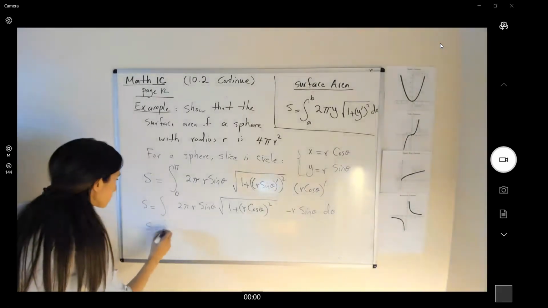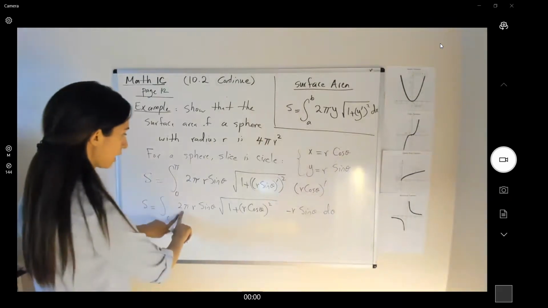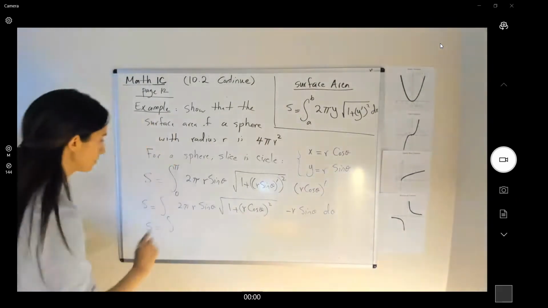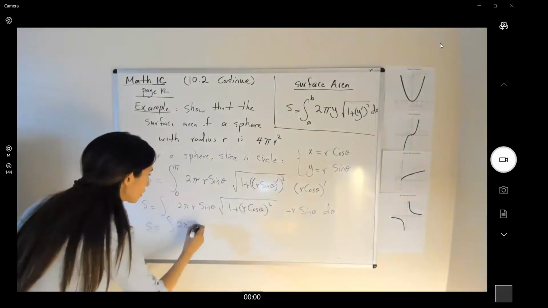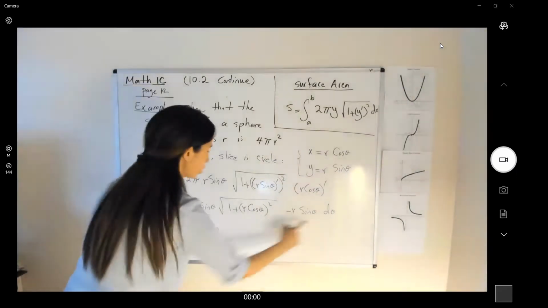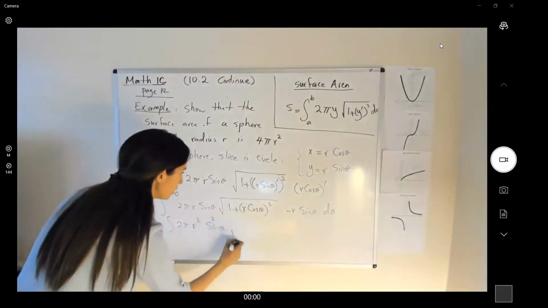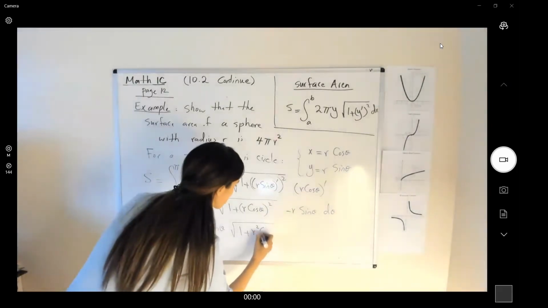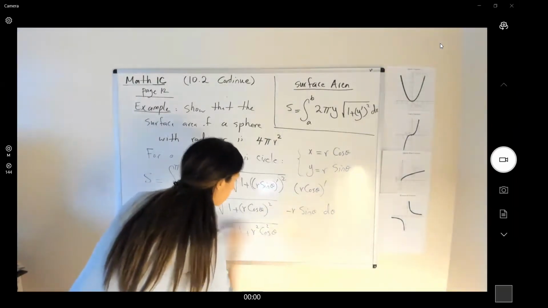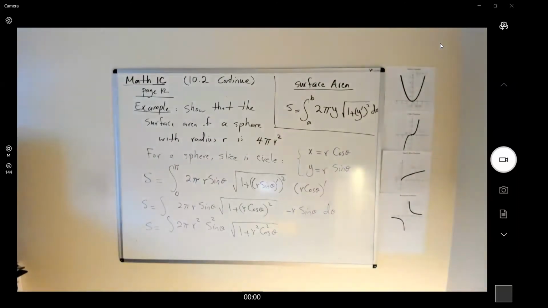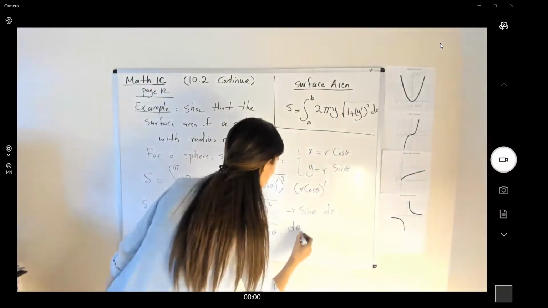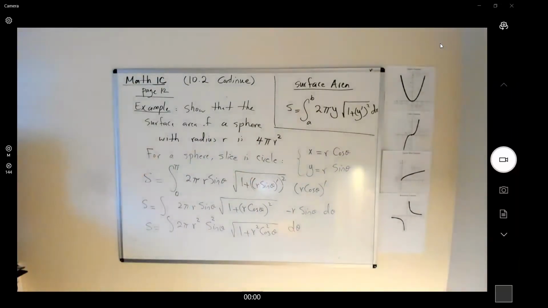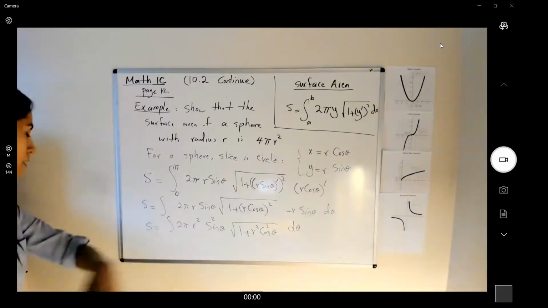So our S is equal to the integral of 2 pi r squared sine times sine, we get sine squared of theta, square root of 1 plus r squared cosine squared of theta d theta. Now our goal is to simplify the whole thing.